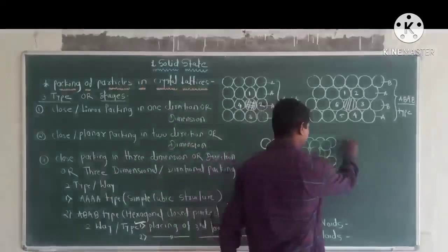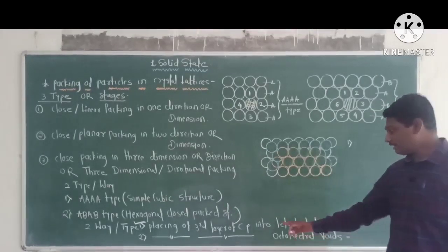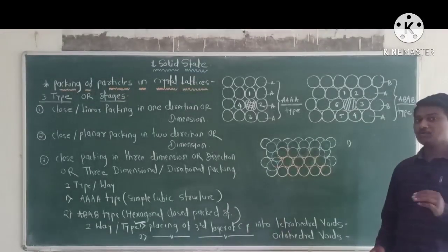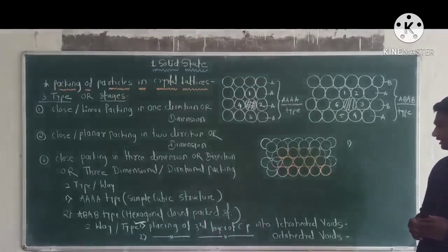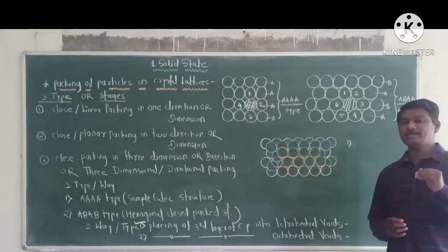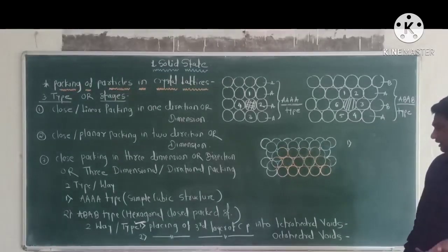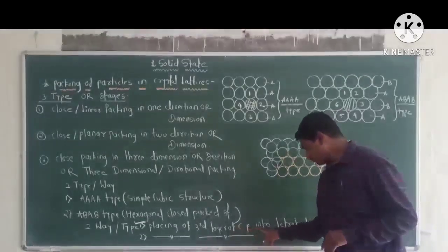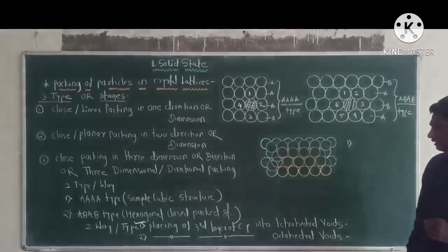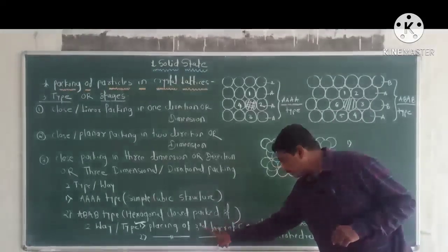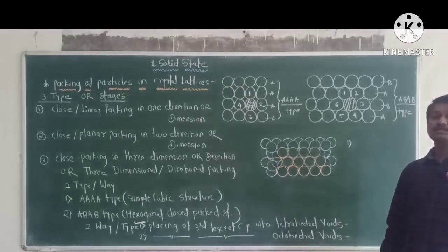First point. In this type, the third layer of constituent particles is placed over the second layer in such a way that the constituent particles of the third layer are fitted into the tetrahedral voids. Or, in this packing, the third layer is placed over the second layer in such a way that the constituent particles of the third layer are exactly over the constituent particles of the first layer.